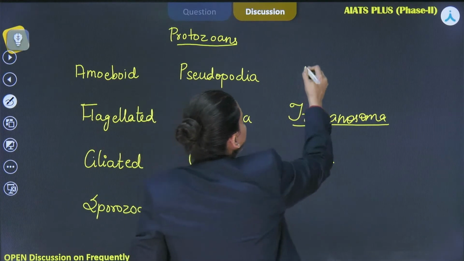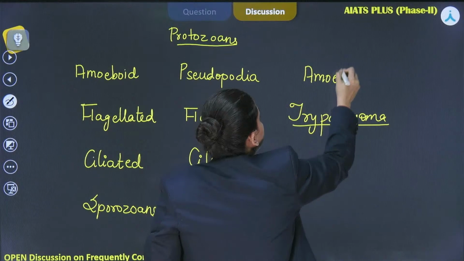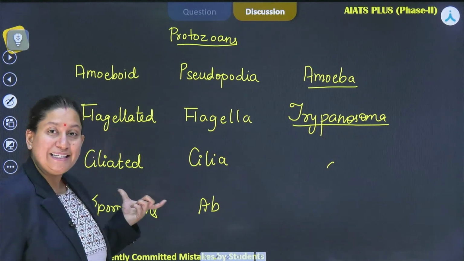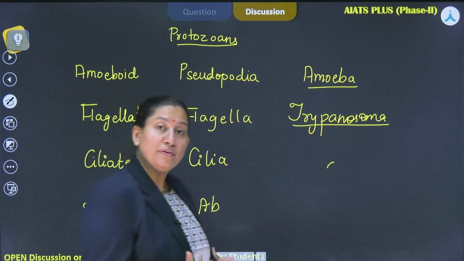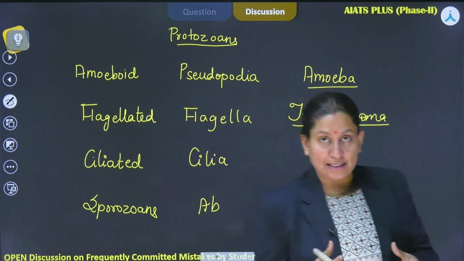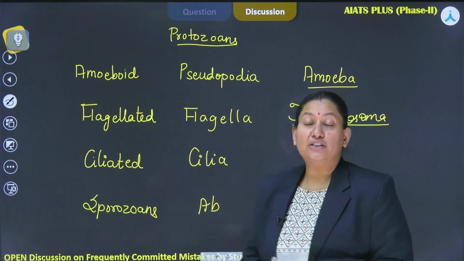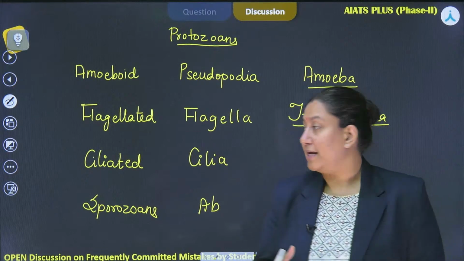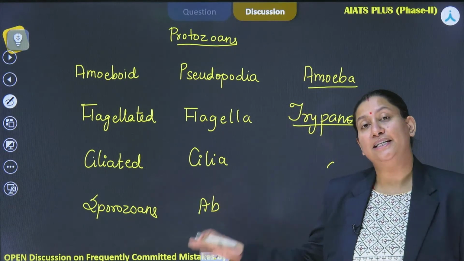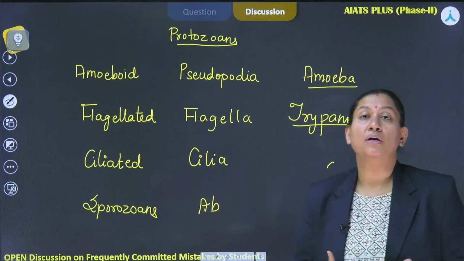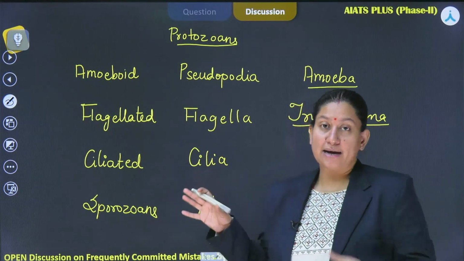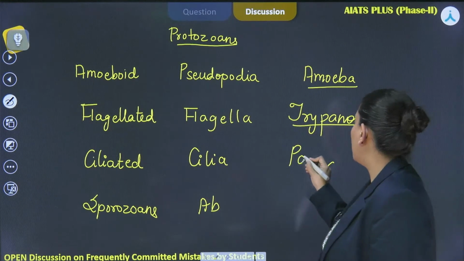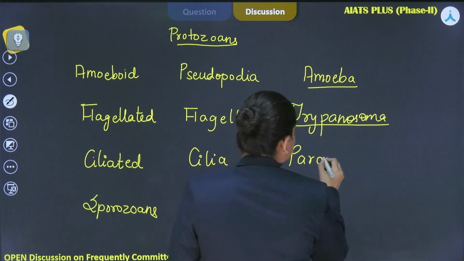In amoeboid protozoans, of course, the example would be amoeba or entamoeba, right? Then when we talk about the ciliated protozoans, cilia, along with having these moving structures, cilia, right, which are minute than flagella, they also have a body cavity known as gullet, right? So that is a special feature with the ciliated protozoans. And the organism that can be categorized in this particular group, we could take the example of paramecium.